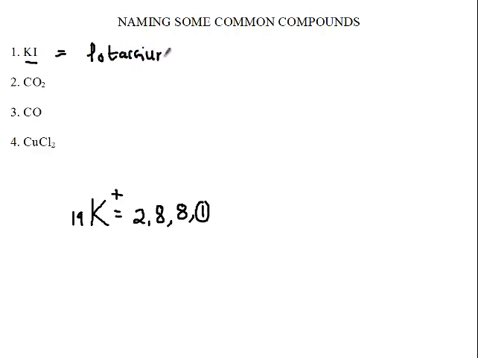Forgive my writing. And then the next element is iodine. Remember, we are going to replace the last 2 or last 3 letters with the suffix IDE. So here we are going to get iodide instead of iodine. So the first compound, KI, is potassium iodide.